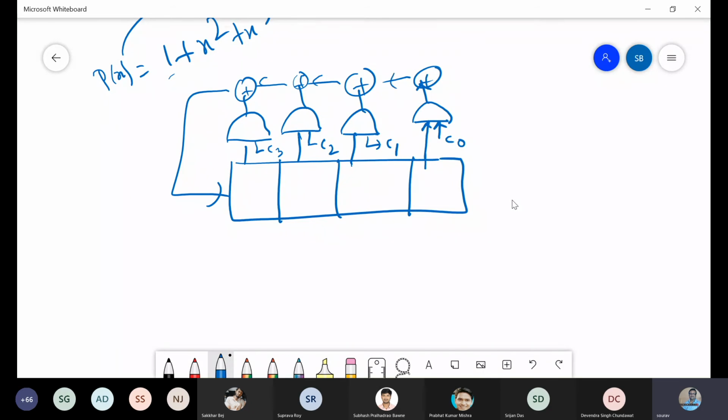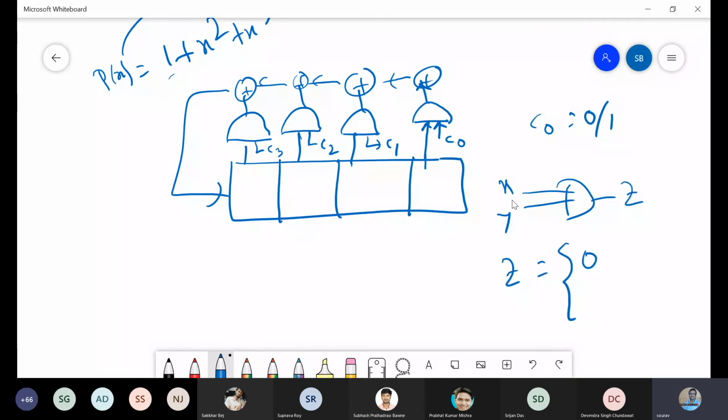This is a general structure like this. So C1 is either 0 or 1. If C1 is 0, it doesn't matter what value is here. This is an AND gate, so it will always produce 0.